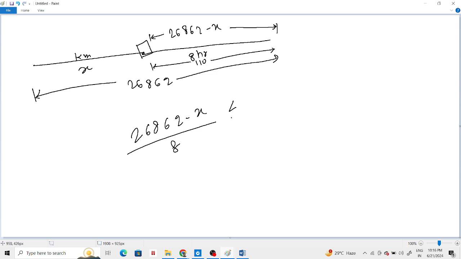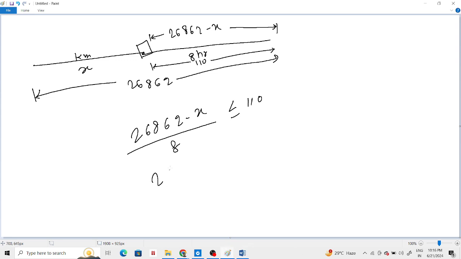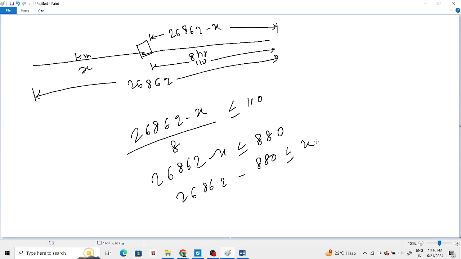This is less than or equal to 110 because it is given that she never drove more than this. Alright, so 26862 minus x is less than 880, right?